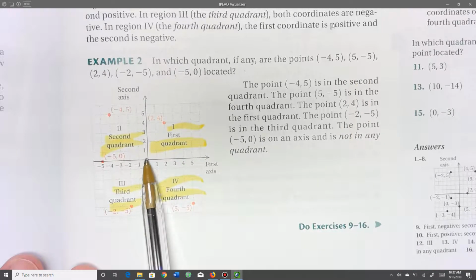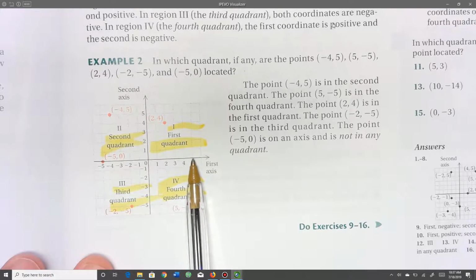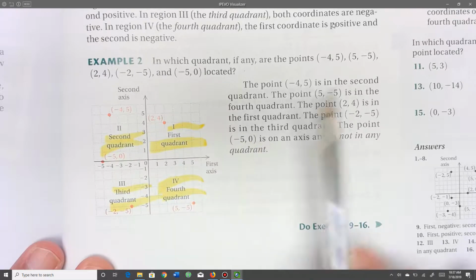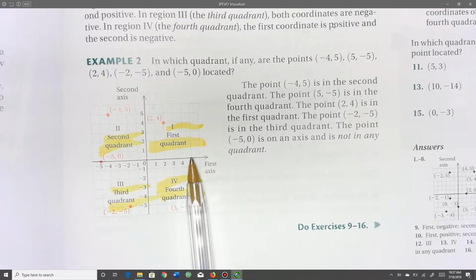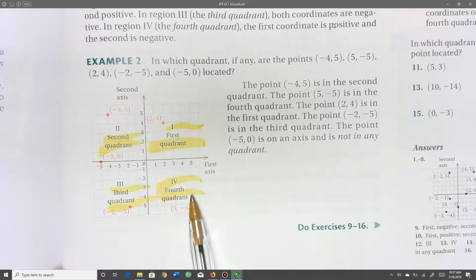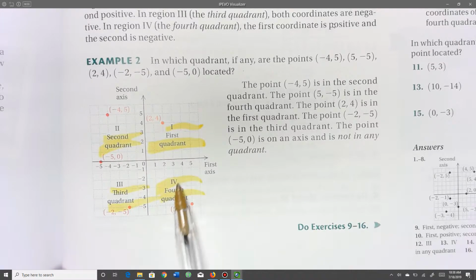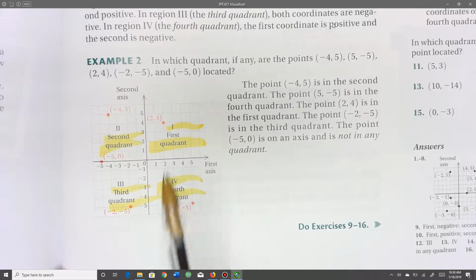That's a +5. Okay, we start at the origin, move to the right 5 units because we have a +5 there, and then from here I either move up or down. In this case, we have a negative value, -5, so I move down 1, 2, 3, 4, 5 units, plot my ordered pair there, and we see that we landed on the fourth quadrant. Okay, so this point is on the fourth quadrant.